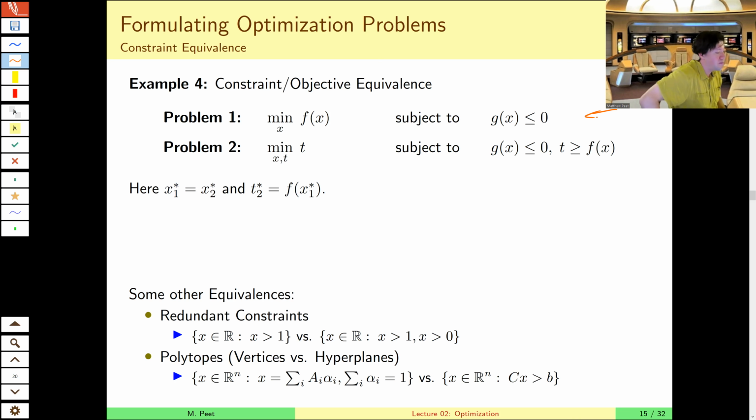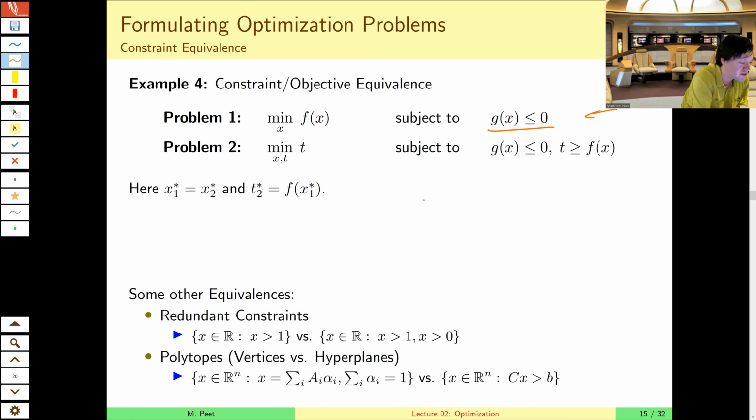So here we're trying to minimize f, subject to a constraint on g of x. But this would be equivalent to minimizing just a new variable t.